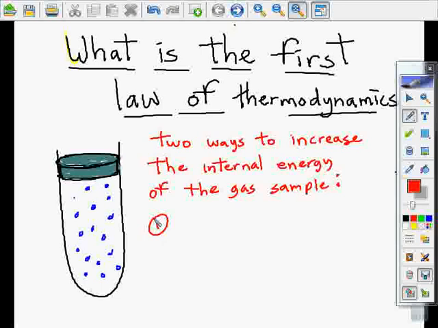One, you want to increase the internal energy? Put a Bunsen burner underneath that gas sample. Add heat. If you add heat to the sample, that would increase the kinetic energy, which would ultimately increase the internal energy. So, add heat to the gas.